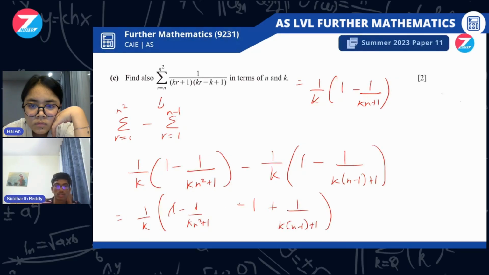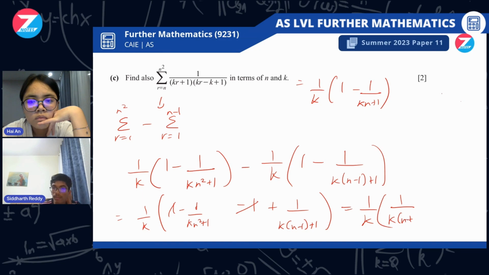So this 1 and this minus 1 cancel. We are left with 1 by k into 1 by k to the n minus 1 plus 1 minus 1 by k to the n square plus 1. So that's the answer.